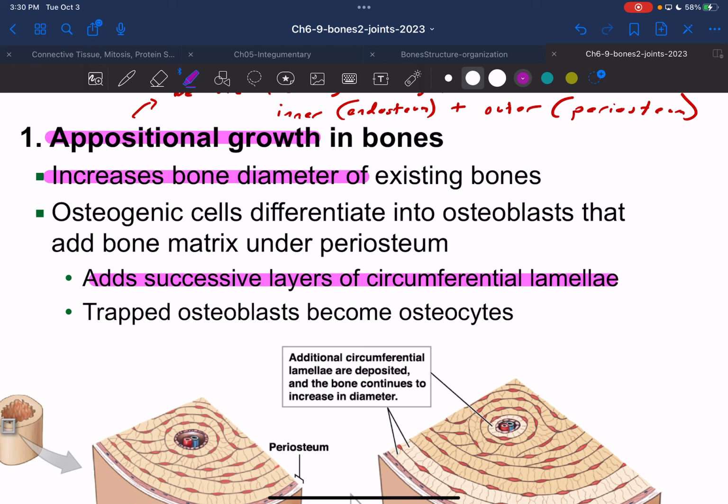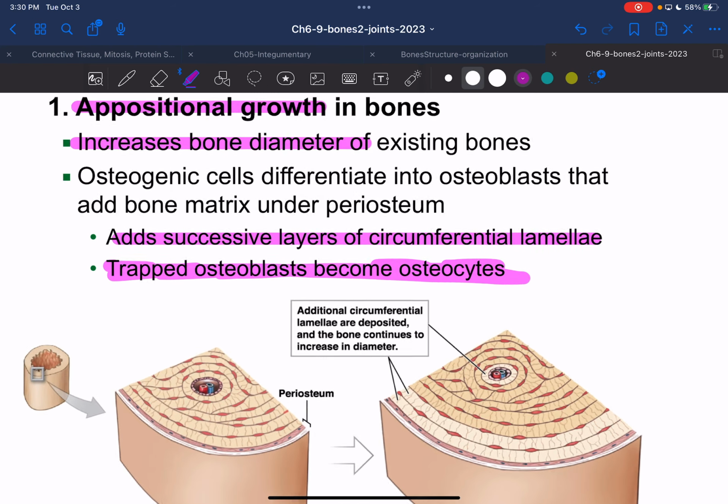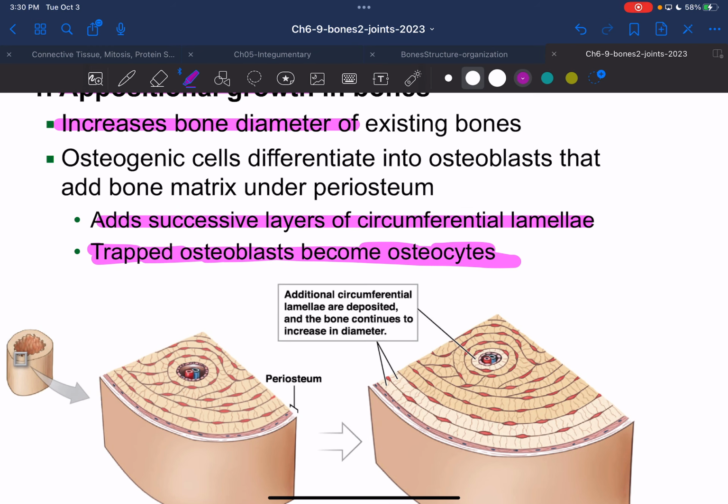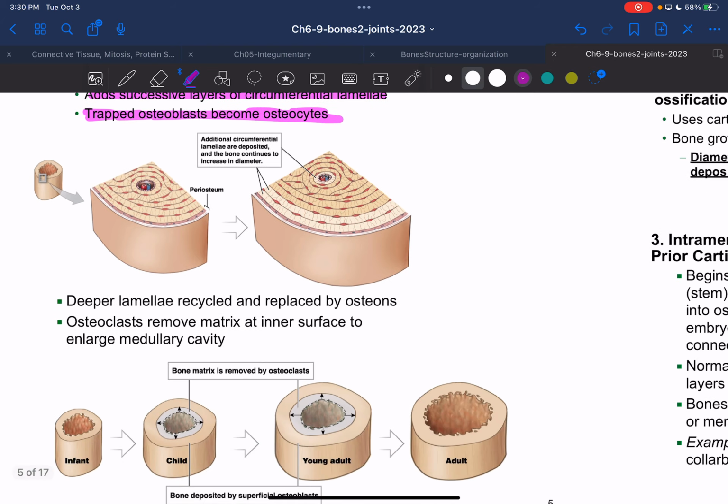We know that osteoblasts, as they're building it, get stuck in it and then turn into osteocytes. What's the unmineralized form of bone that osteoblasts lay down? Osteoid. And what do they need to add to it to turn it into bone? Calcium. They need to calcify it.